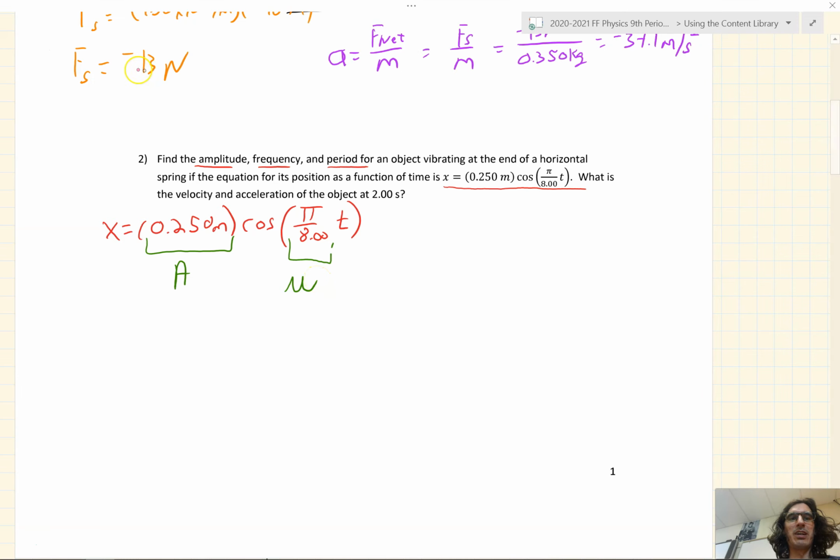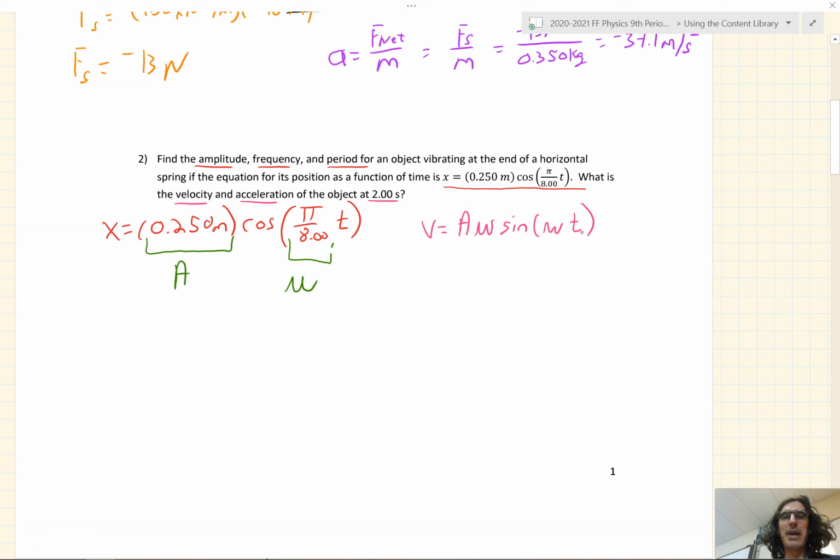Why don't we answer the second part of the question first, which is what is the velocity and acceleration of the object at 2 seconds? I'll put this on the right side of the paper. So if you look at the velocity formula, that's v equals A omega times the sine of omega t.